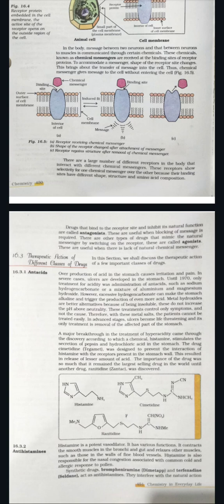A major breakthrough in the treatment of hyperacidity came through the discovery that the chemical histamine stimulates the secretion of pepsin and hydrochloric acid in the stomach. The drug cimetidine was designed to prevent the interaction of histamine with the receptor present in the stomach wall.